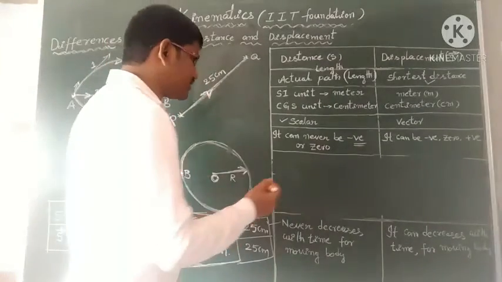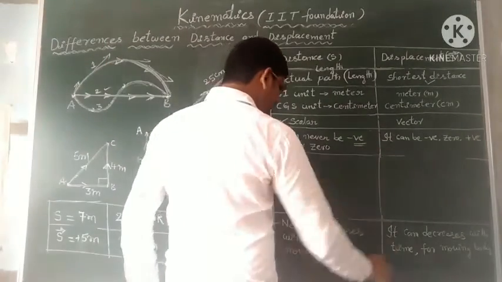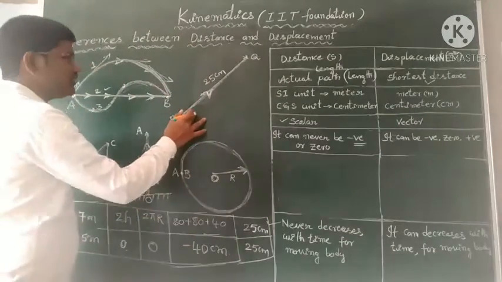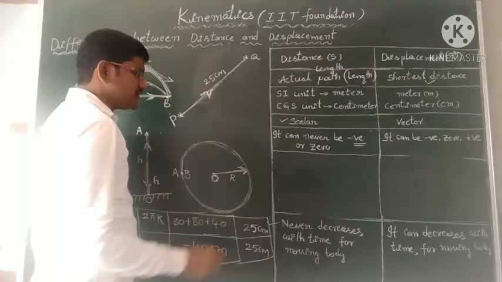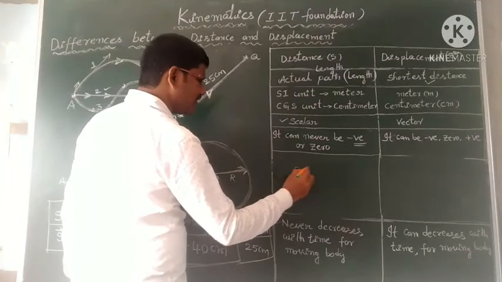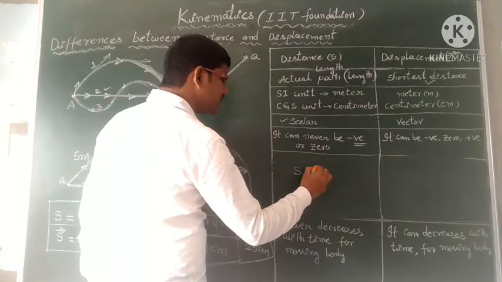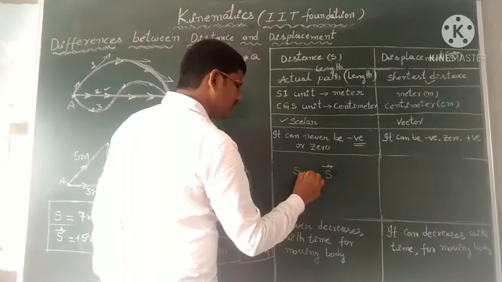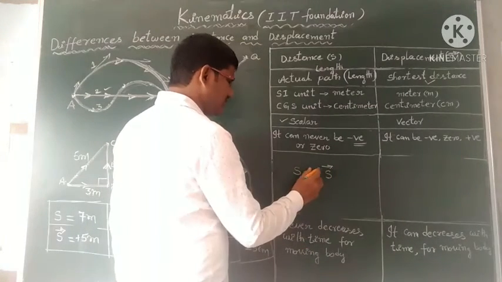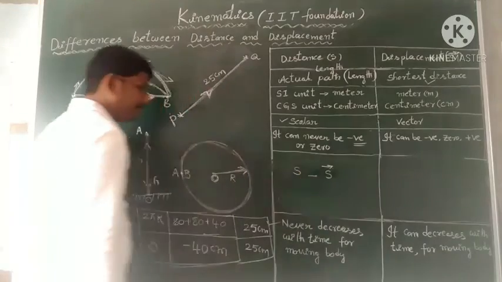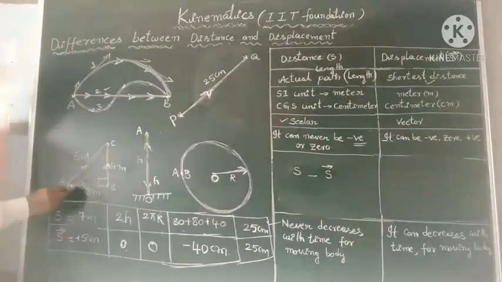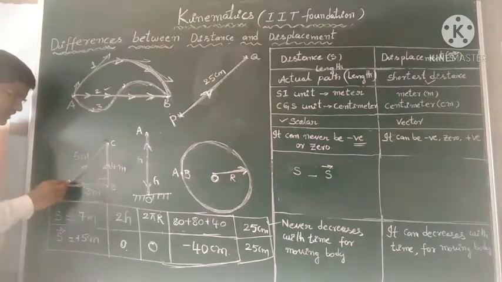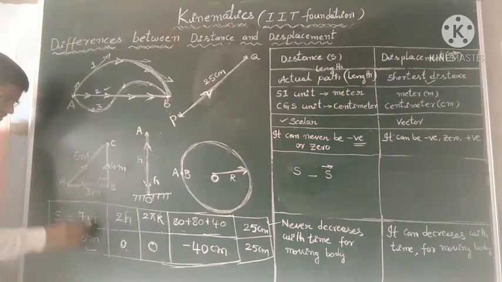Now you see my dear students, in this situation, distance and displacement are equal. And in any other case you see, if we move from A to B and B to C, displacement is 5 meters.